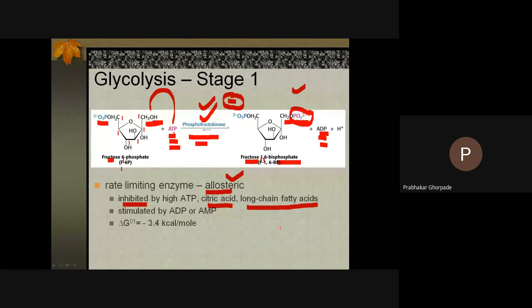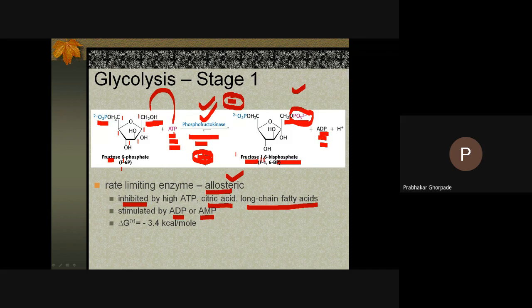Now who stimulates it? Means we want fructose 6 phosphate to get converted into fructose 1,6-bisphosphate. In that case, it can get stimulated by ADP, adenosine diphosphate. It can get stimulated by AMP, adenosine monophosphate. Here we show a positive sign. So this is a stimulation reaction, meaning positive feedback.